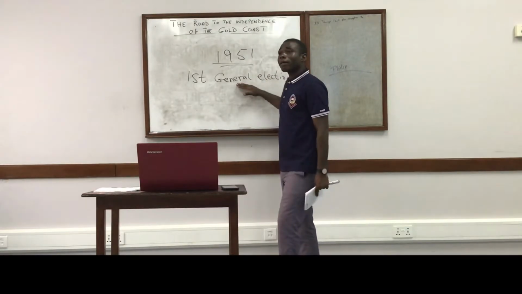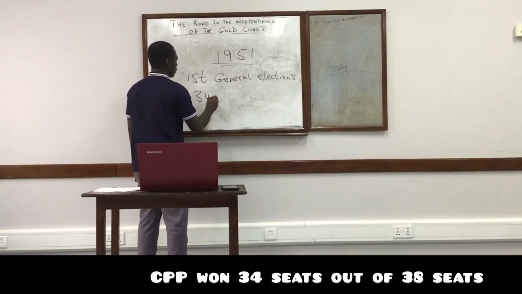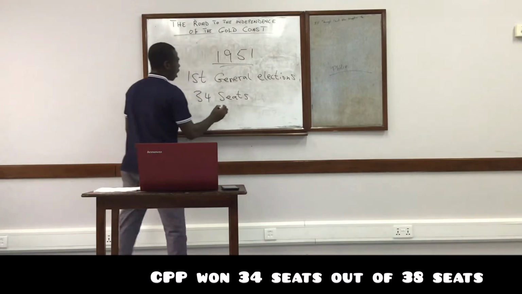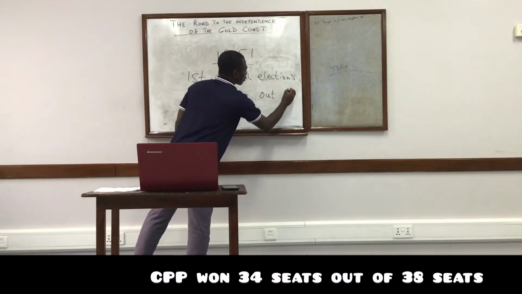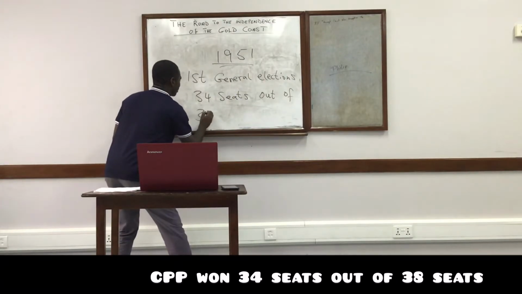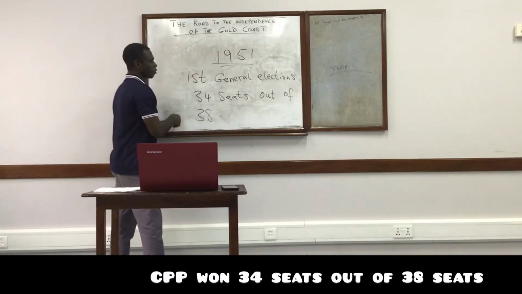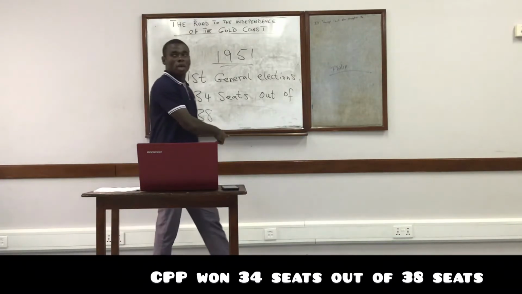After the elections, the CPP won 34 seats out of the 38 seats that were available.